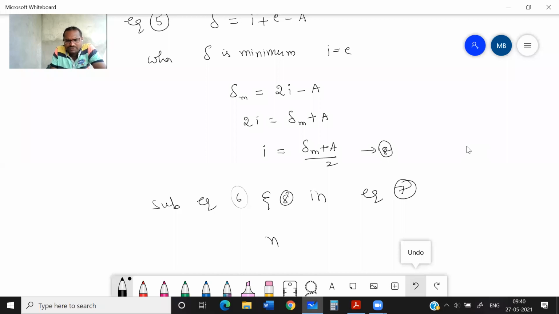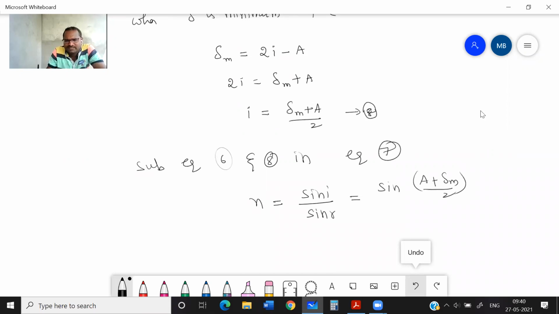N is equal to sine I by sine R. Sine I value is sine of (A plus delta M) by 2, divided by sine R value. From equation number 8, sine R is equal to A by 2.